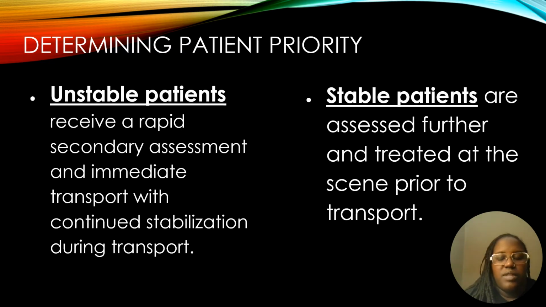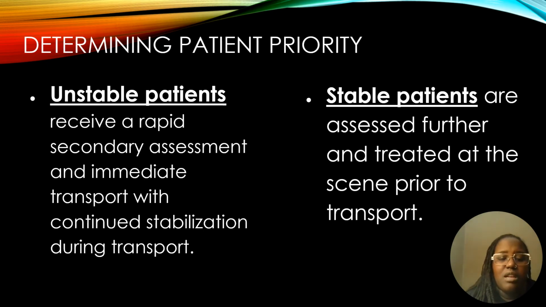So once we've done our primary assessment, now we're going to be determining our patient's priority, right? For our unstable patients, those are going to be our high priority patients. For those patients, we want to do a rapid secondary assessment and then package them to get quickly transported to the hospital. Always immediate transport for our unstable patients. For these patients, we want to be on the scene for no more than 10 minutes.